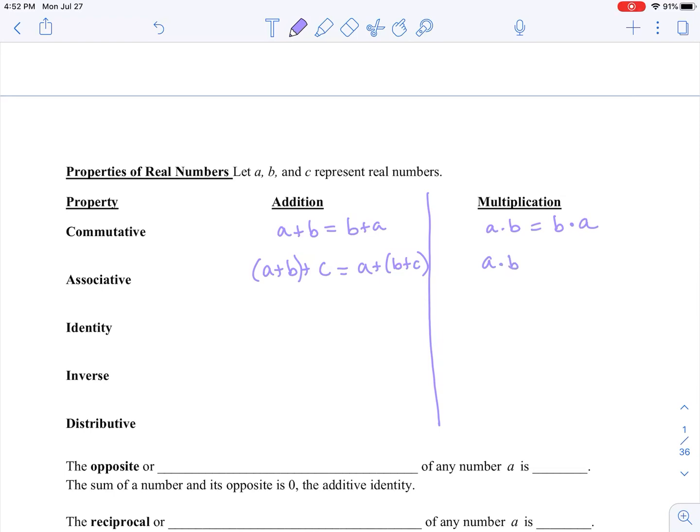Same goes for multiplication. So A times B, quantity times C, is equivalent to A times the quantity B times C, where the parentheses go around B times C.